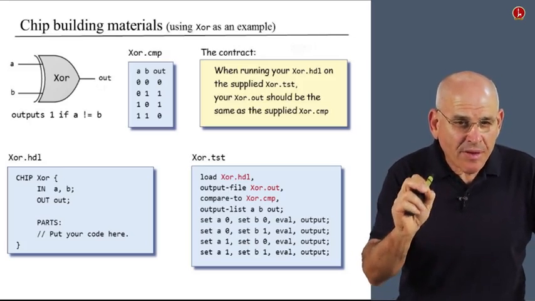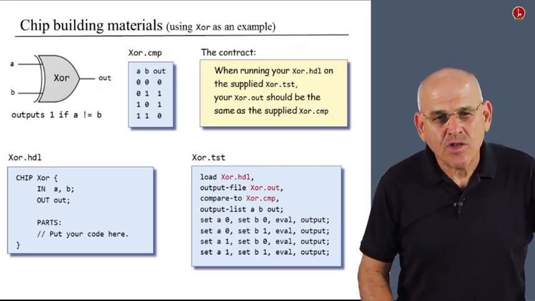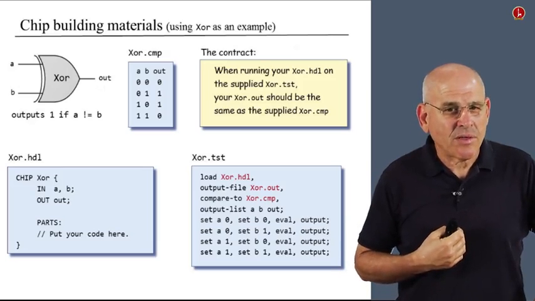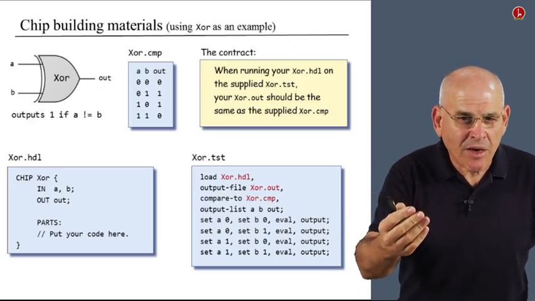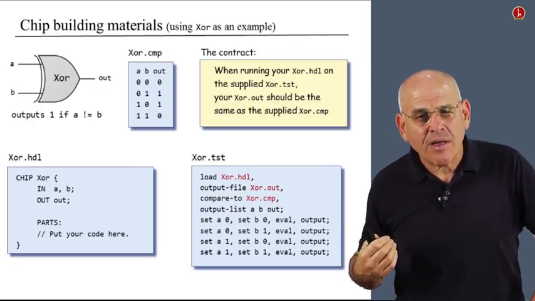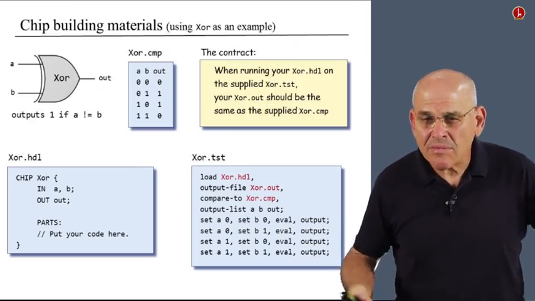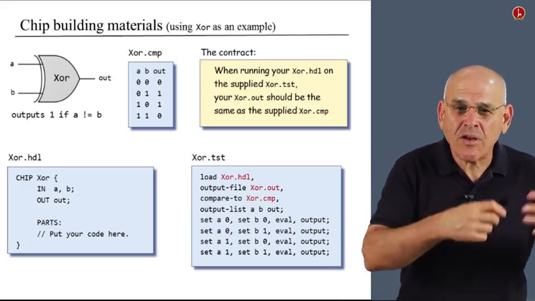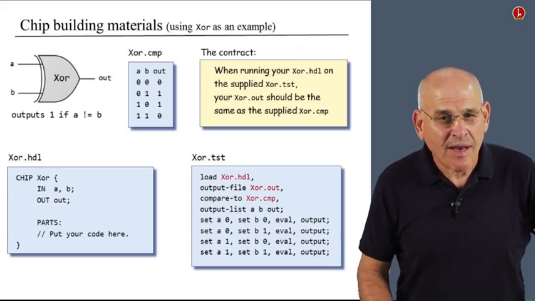If this will happen, you have built the chip to our satisfaction. Once again, if your chip generates the expected behavior that we have specified, then you are done with this chip and you can go on to develop the next one.